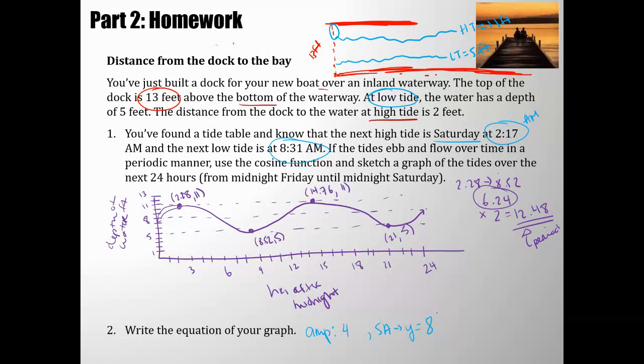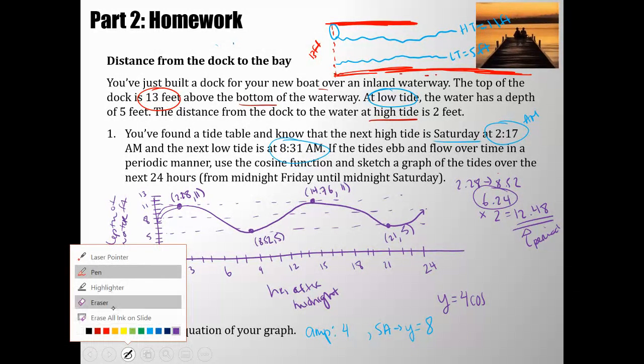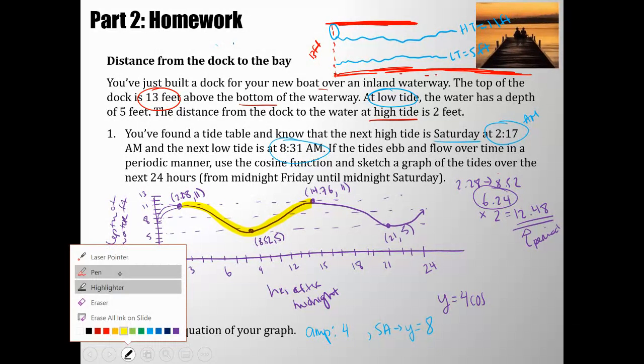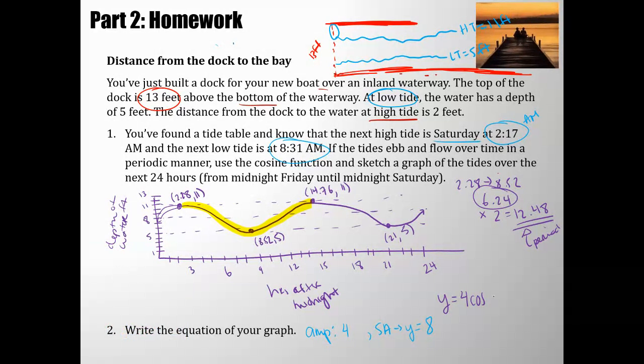For my equation, I have a lot of the information. I have y equals, and we already talked about the amplitude, cosine. I'm going to focus on that part of the graph I was given, between here and here. For cosine, the period was 12.48, so I'll do 2 pi over 12.48, which I could simplify to pi over 6.24.